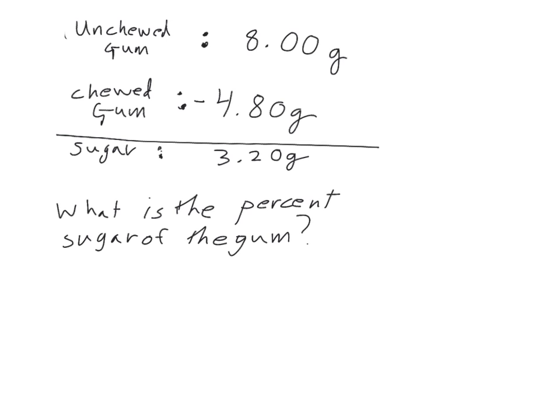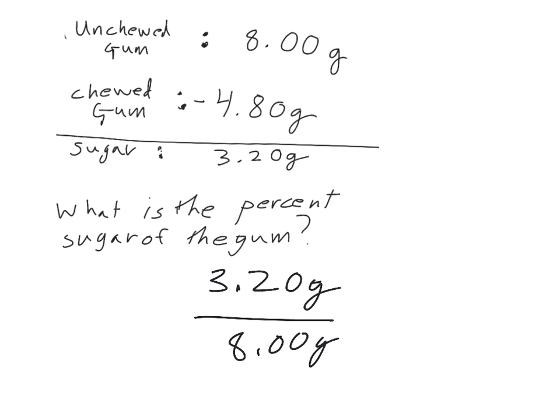So 3.20 grams of sugar divided by 8 grams of our initial gum times 100 equals 3.2 divided by 8 times 100 equals 40%.